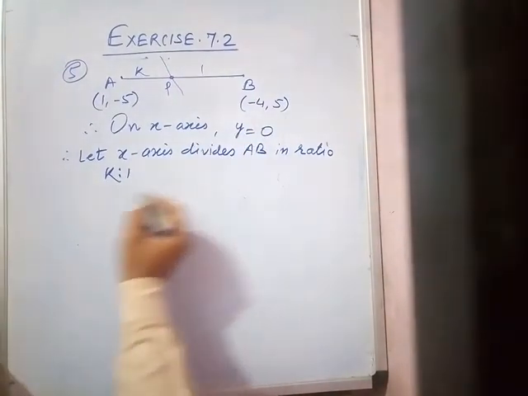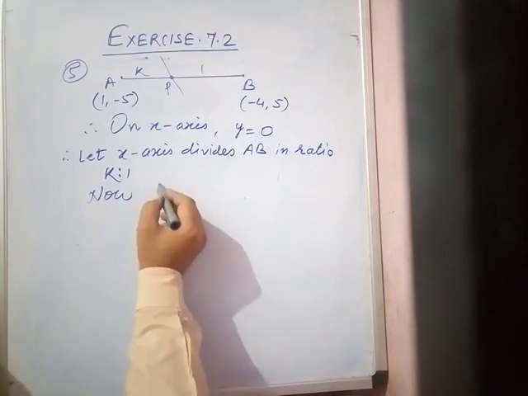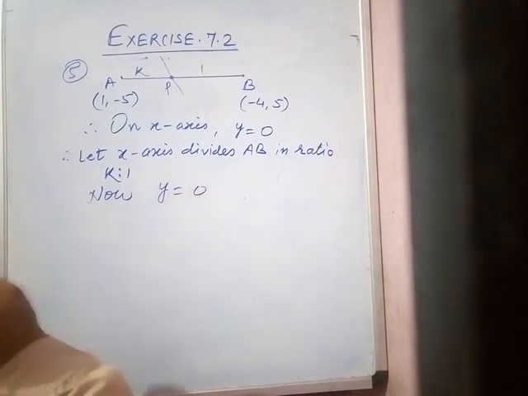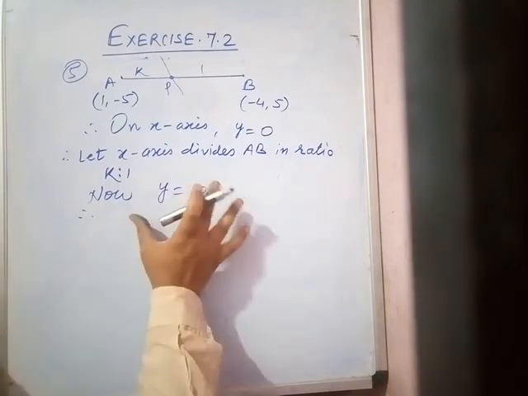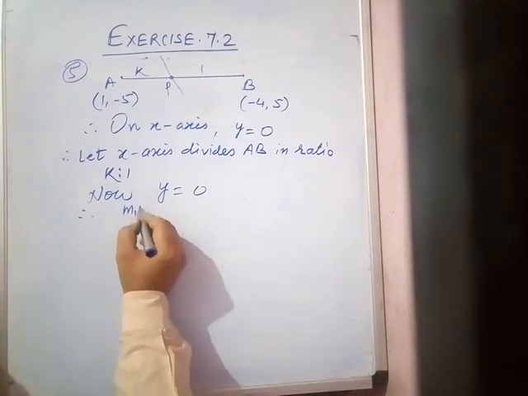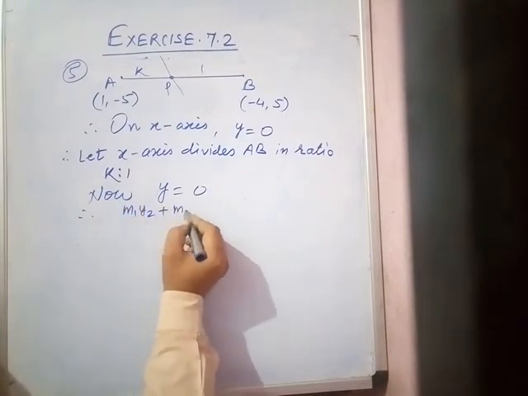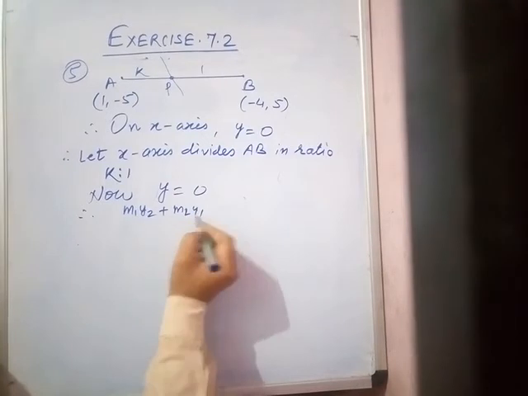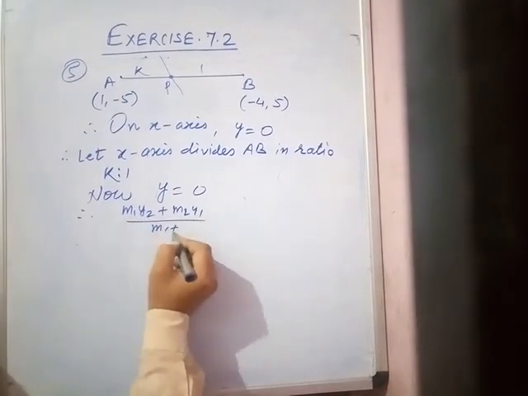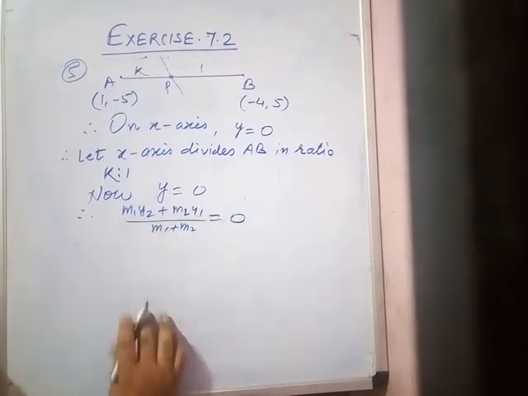So now y equal to 0, so by the section formula, (m1y2 plus m2y1) upon (m1 plus m2) equal to 0.